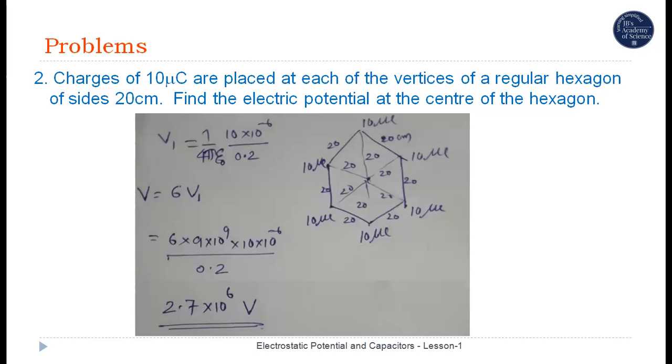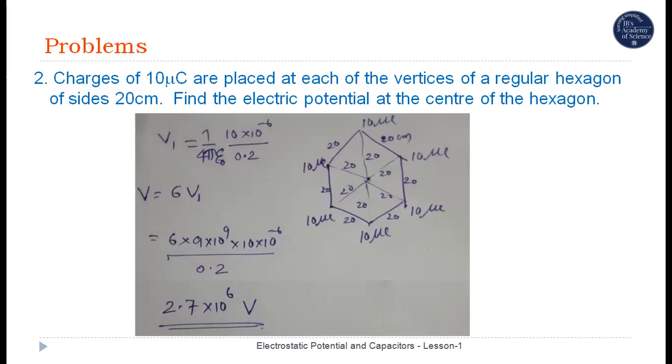What is the electric potential at the center? So V1 is equal to 1 by 4 pi epsilon 0, 10 into 10 to the power of minus 6 divided by 0.2. That is the potential due to one charge.